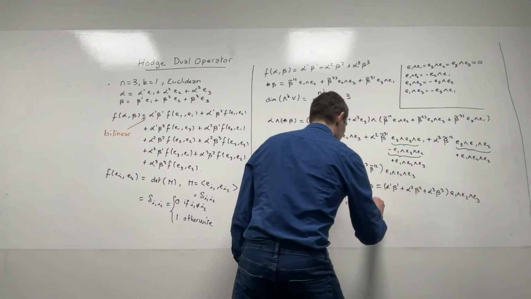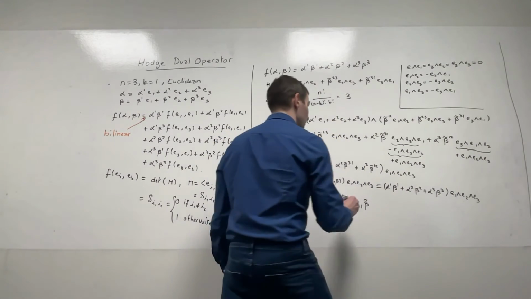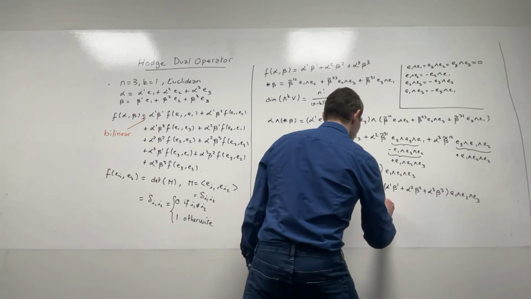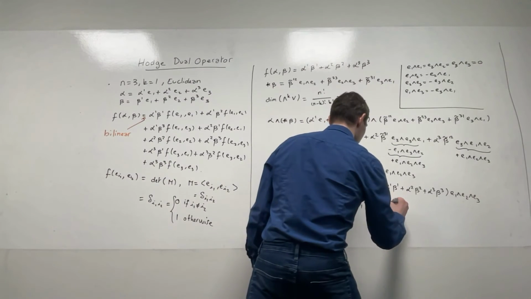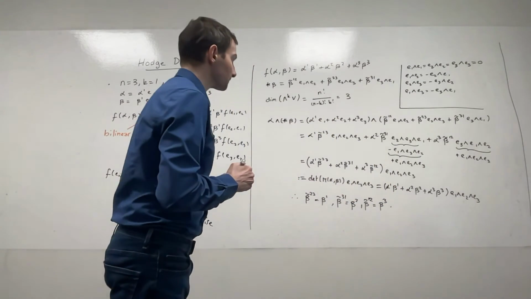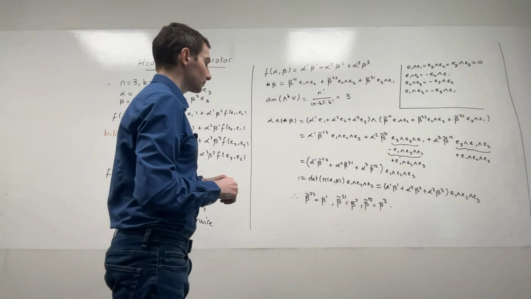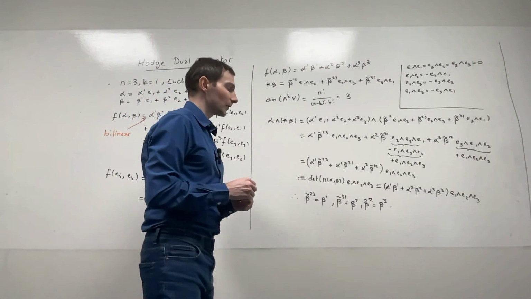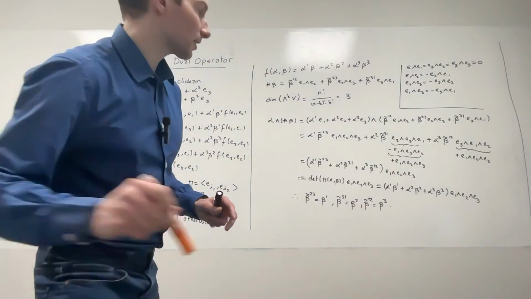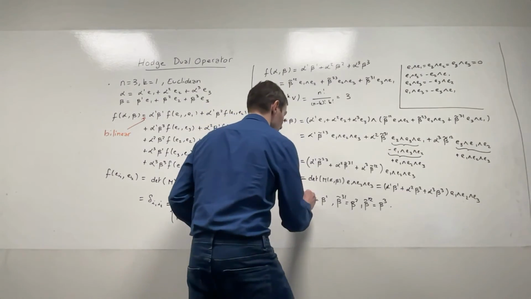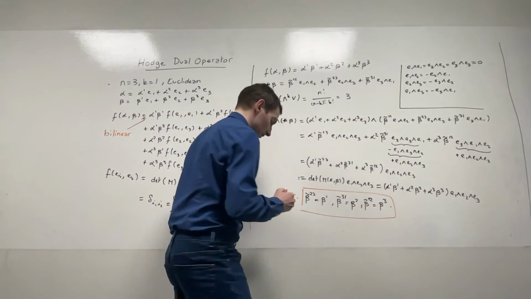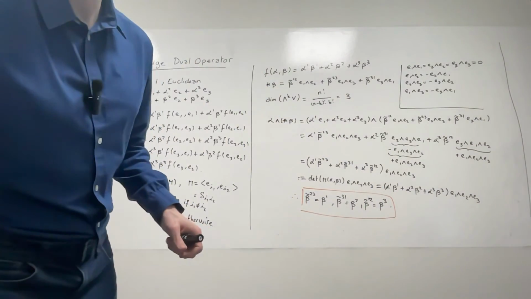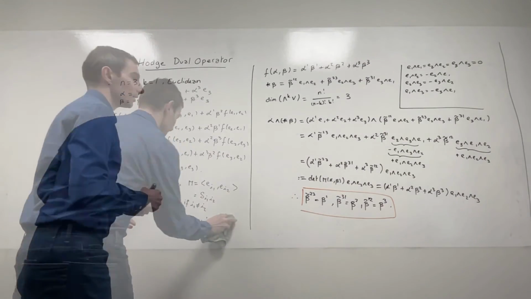And finally, beta tilde 1 2 is equal to beta 3. So we are going to see, I mean, that's kind of the main thing that is important here. And we are going to see how that works then.